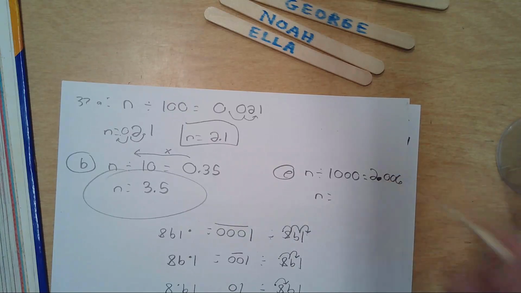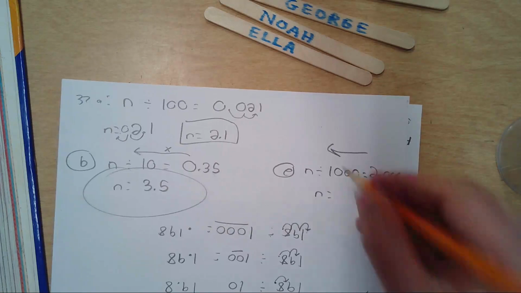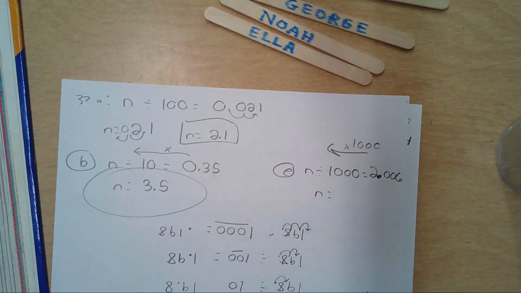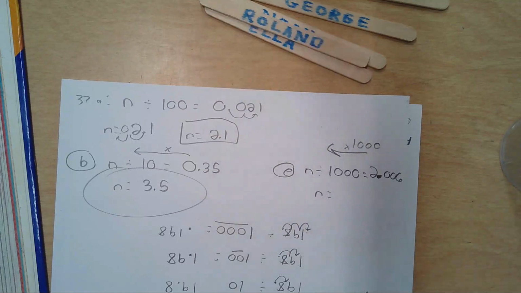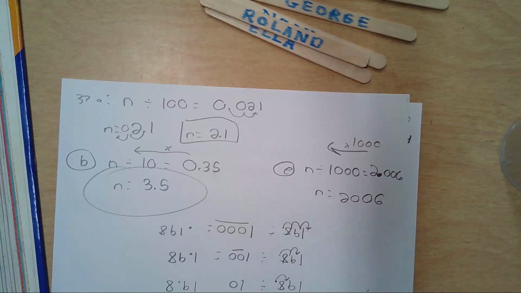I can wait for you. Shouldn't be that hard for anybody. If I'm going this way, what am I doing? By 3? Not by 3. Multiplying by 1,000. Roland, what is it? 2006. Right. Again, 2006. There it is.